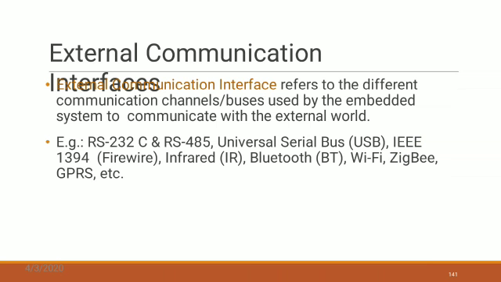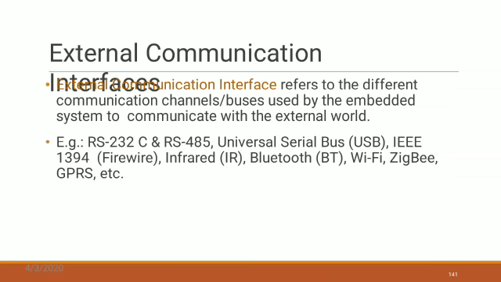Next we'll see external communication interfaces. External communication interfaces refer to the different communication channel buses used by embedded systems to communicate with the external world. Some examples are RS-232 version C, RS-485. We have USB, most of us are using it for our laptops.